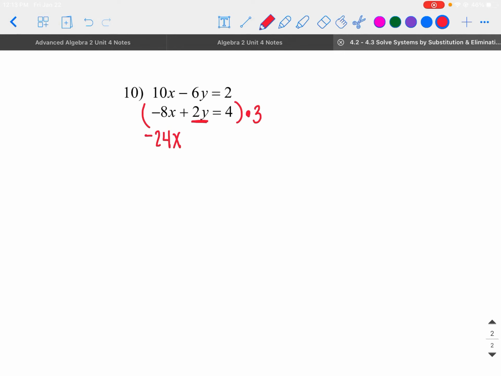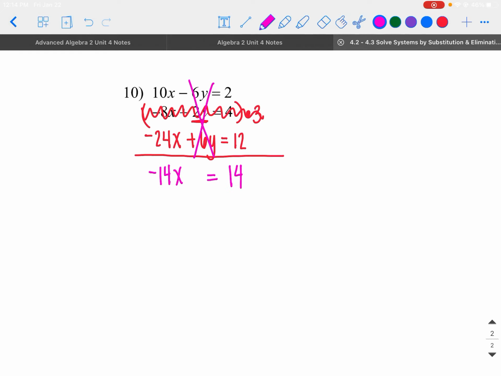So this becomes negative 24x plus 6y equals 12. So my y's would cancel.